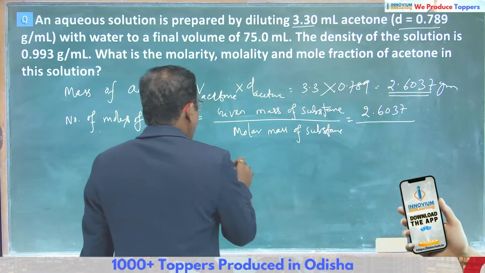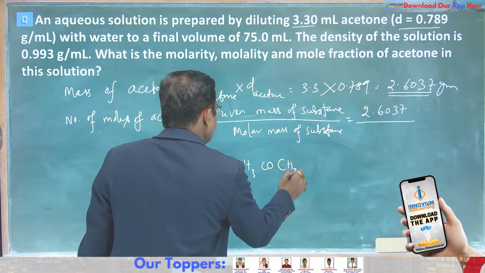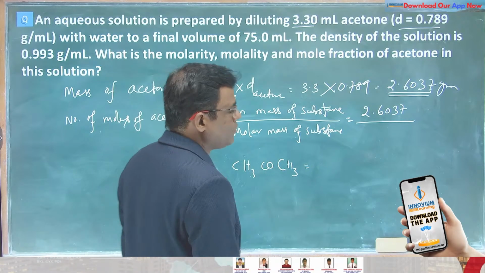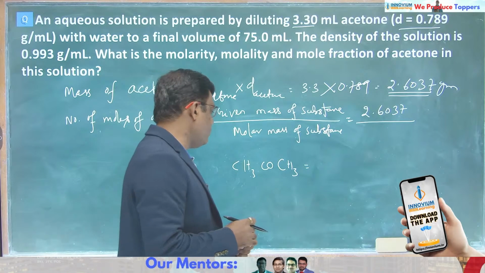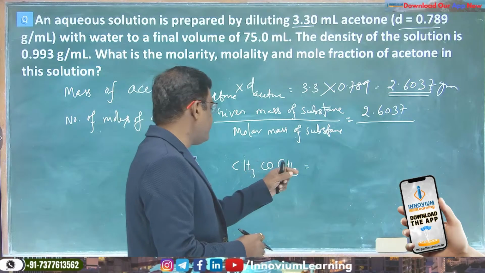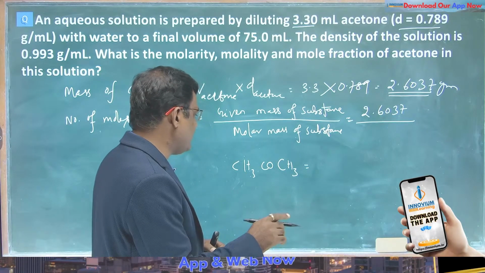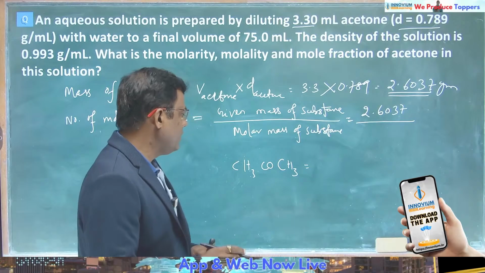In fact, acetone is CH3COCH3. This is the formula of acetone. So in this formula, what is the molar mass of acetone? 3 carbon is 36 and 6 hydrogen, plus 6 is 42, plus oxygen is 16.